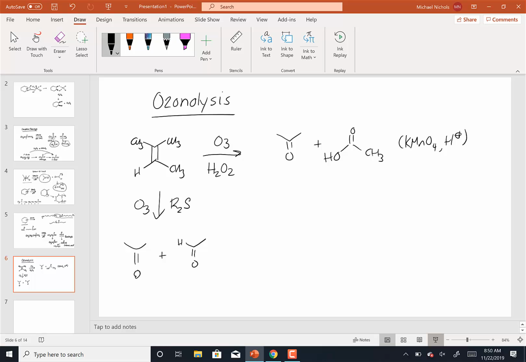So ozonolysis gives us a little bit of choice in terms of what to do with the aldehyde. Do I want to oxidize it to an acid or do I want to keep it? And so ozonolysis is a little more flexible reagent to do this with.